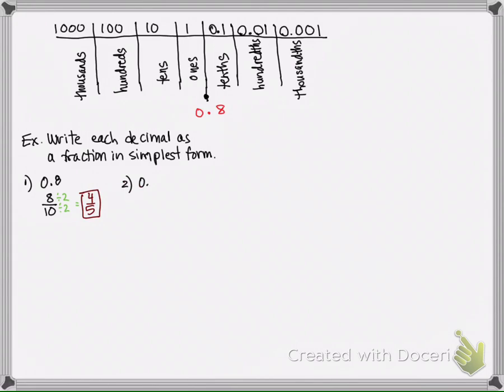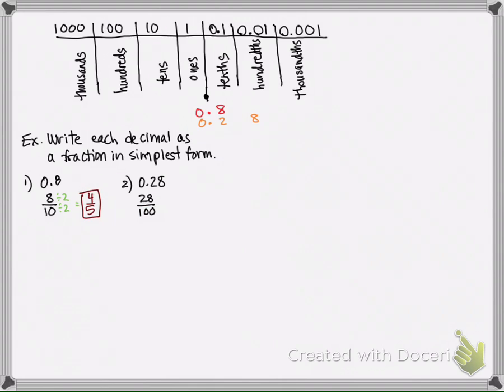Okay, let's try another one. We have 0.28, so let's line up over here. So notice that the 8 ends up in the hundredths column. So this would be read as 28 hundredths. So we're going to write it as 28, no decimal, over 100.